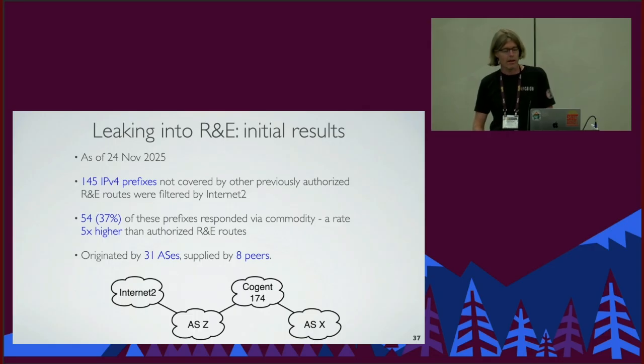So some of these are commodity routes, you would think. And we see AS path patterns that look like this, where Internet2 is receiving a route from a US peer with Cogent in the path. And the traffic from X is coming back over commodity because they don't in fact have an R&E path. They're connected to Cogent, and their route is being leaked.